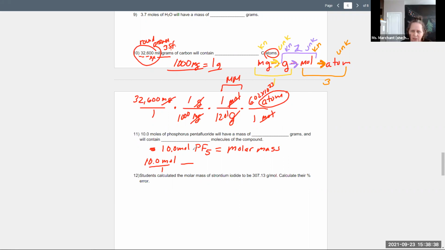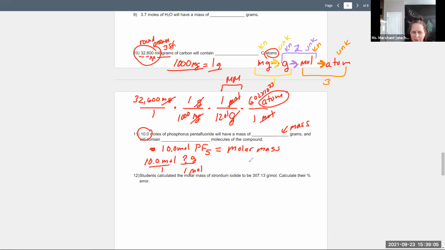And then to figure out the mass, moles goes on the bottom, grams goes on the top. I'll let you use the periodic table and find the molar mass of phosphorus pentafluoride to substitute in there. Make sure you round your answer to 3 sig figs. Okay. Once you have that, that is part A. That's the mass that you solved for.